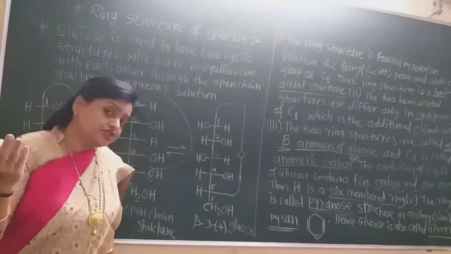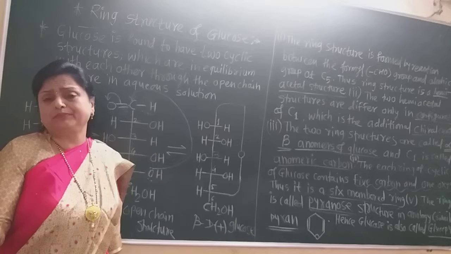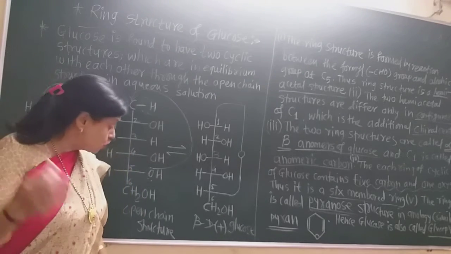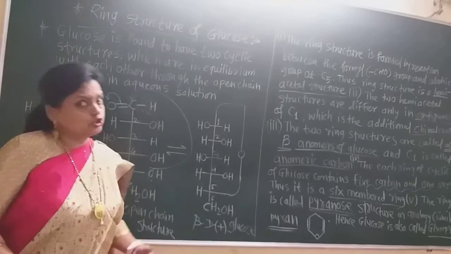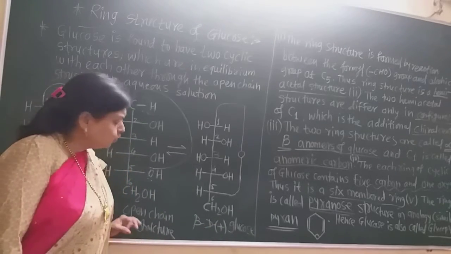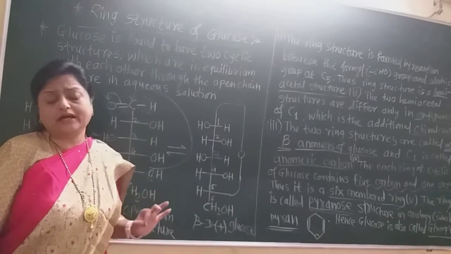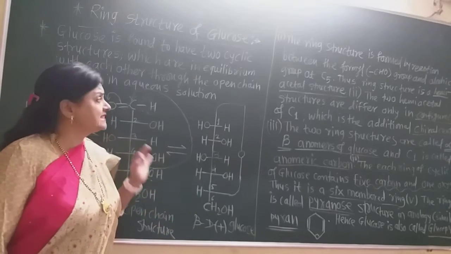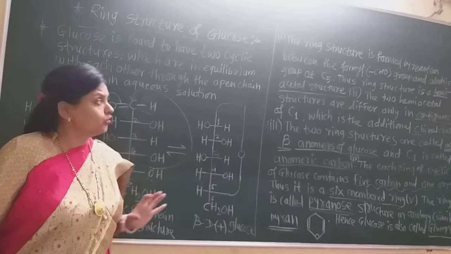As glucose is a rotatory sugar, D is compulsory. As the rotation is in the clockwise direction, 57 point something, this plus sign is also compulsory. The two anomer structures, alpha and beta ring structures, differ only in the configuration of the C1 carbon atom.